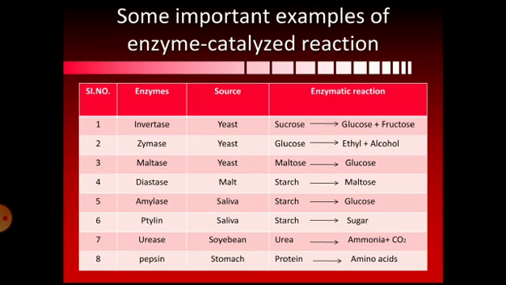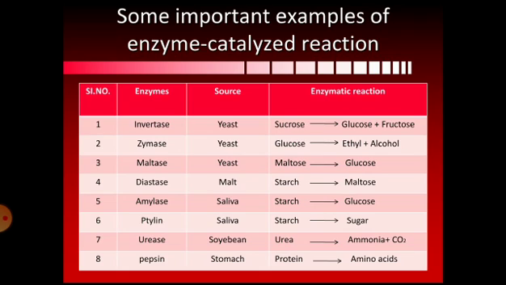The fifth one, amylase, the source is saliva, it converts starch into glucose. The sixth one, ptyalin, the source is saliva, it converts starch to sugar. And the seventh one, urease, this one is important.